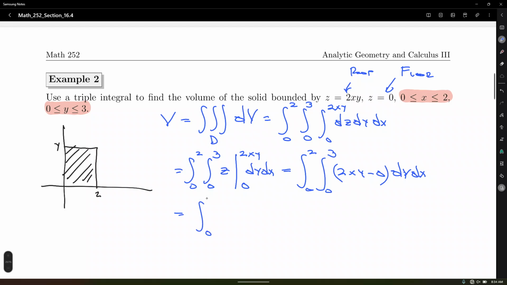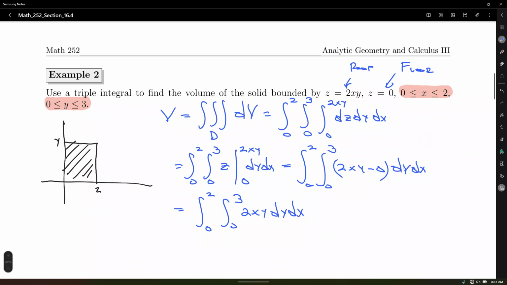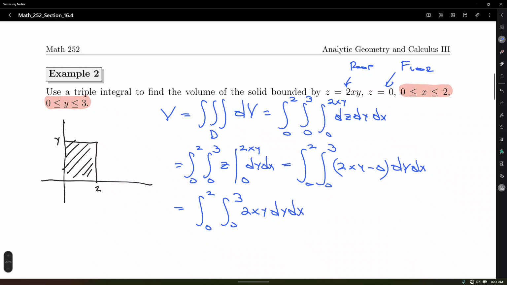So the integral from 0 to 2, from 0 to 3, of 2xy dy dx. Just integrate with respect to y.